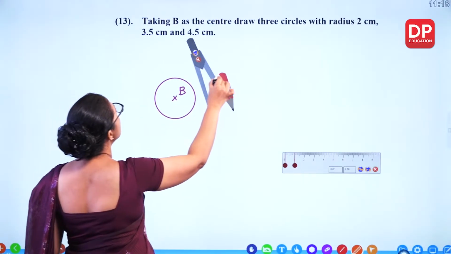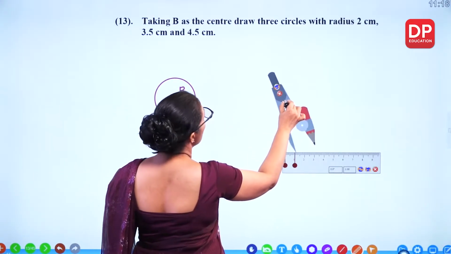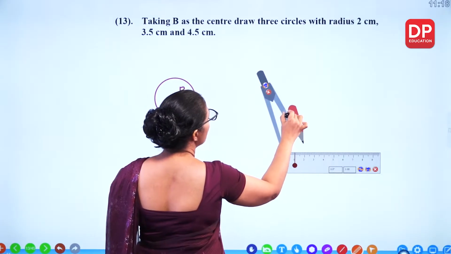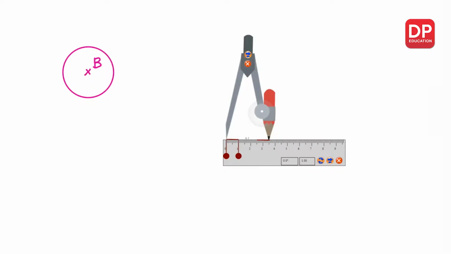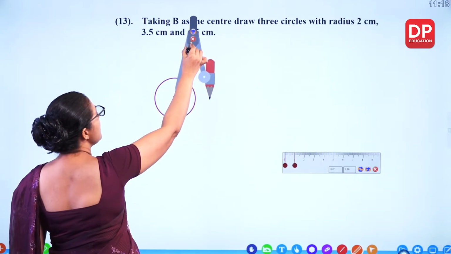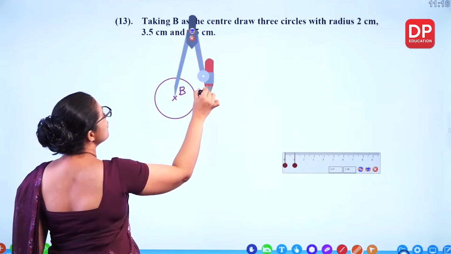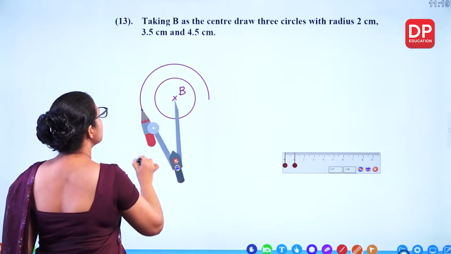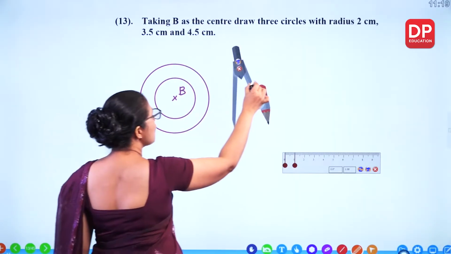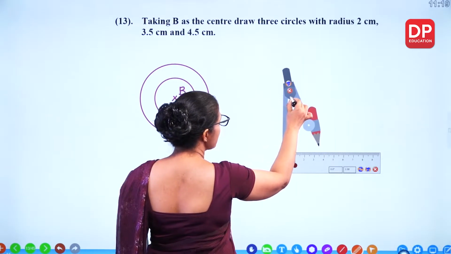Next one, 3.5. 3.5 here. Now same center, center B. Now draw the other circle, 3.5 now. Now the last one is 4.5 radius.